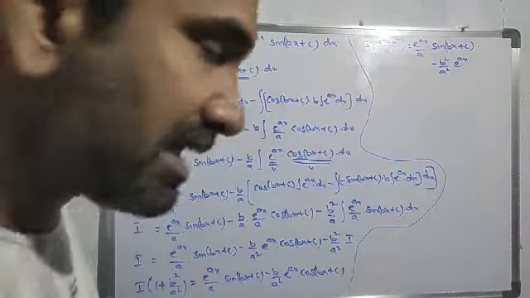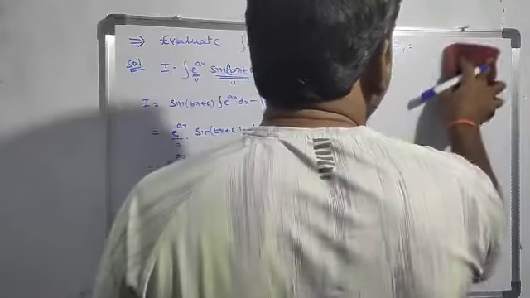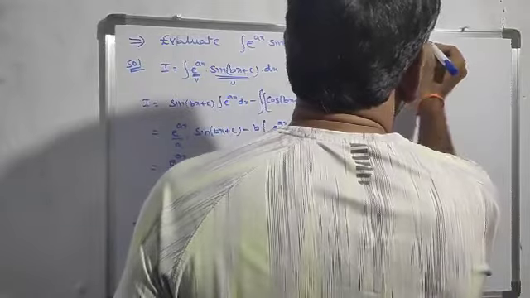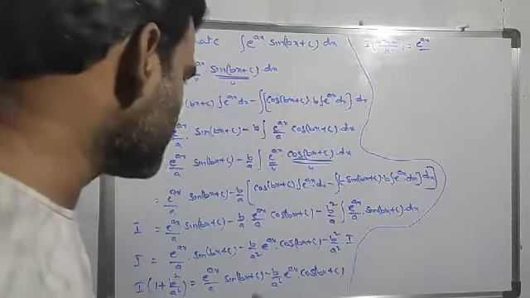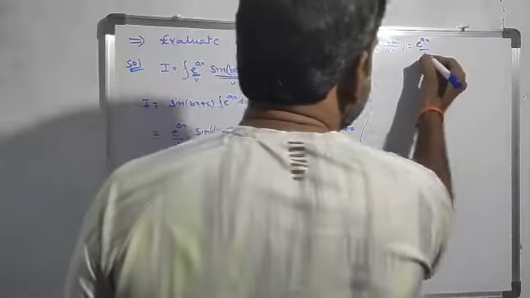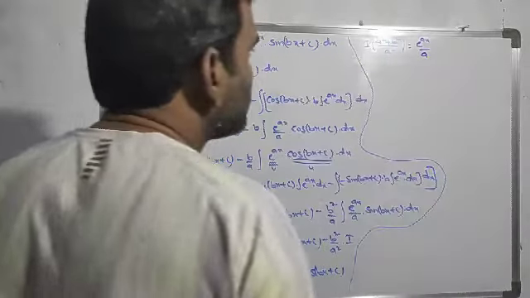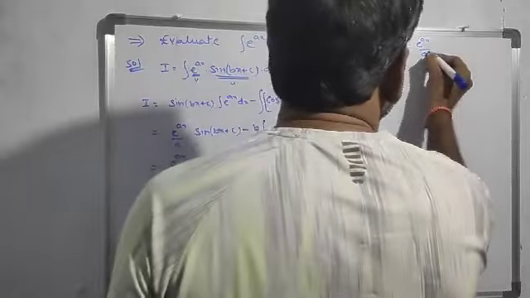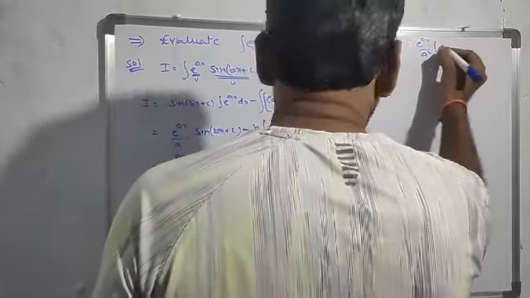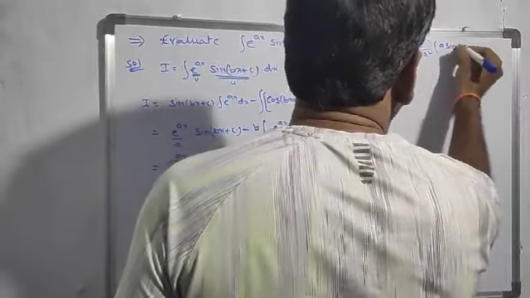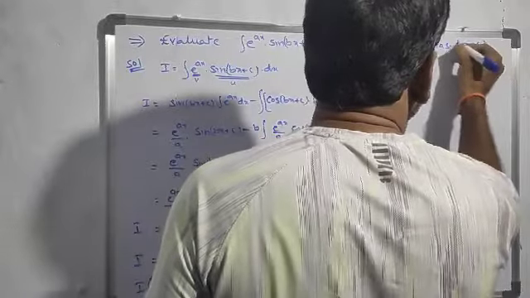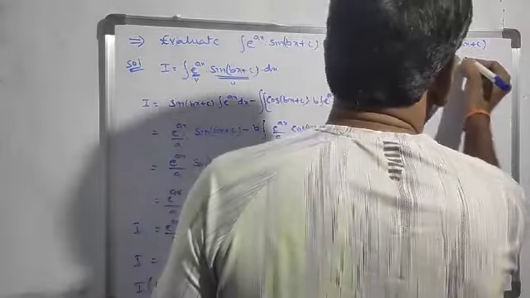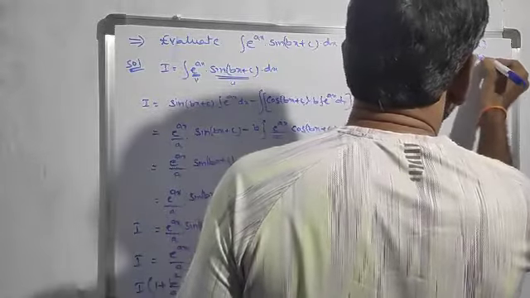Here you can take e power ax common, and in these two terms I can take a square as common, so a sine of bx plus c minus b into cos of bx plus c.